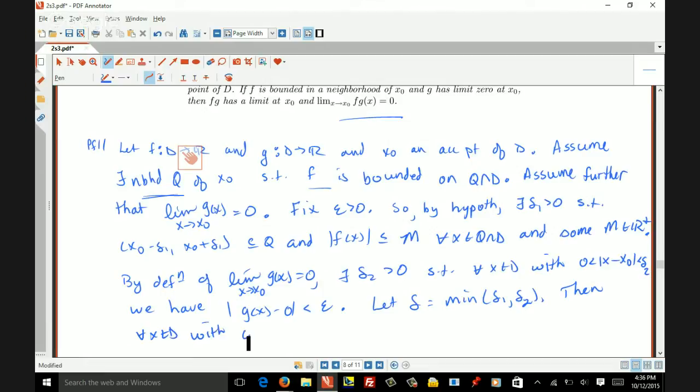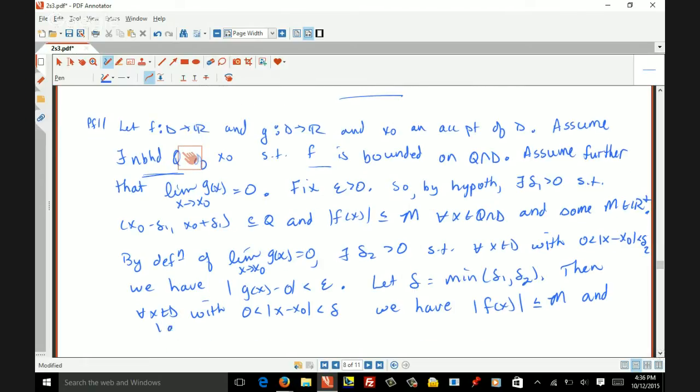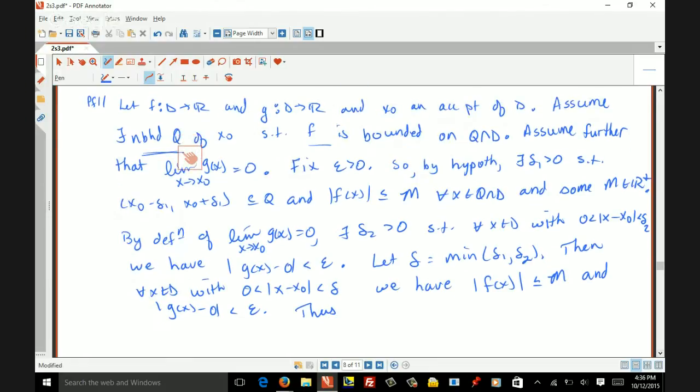Then for all x in D with 0 less than absolute value of x minus x naught less than delta, we have, first of all, absolute value of f of x is less than or equal to capital M, and absolute value of g of x minus 0 is less than epsilon. Thus, let's look at the multiplication of this.